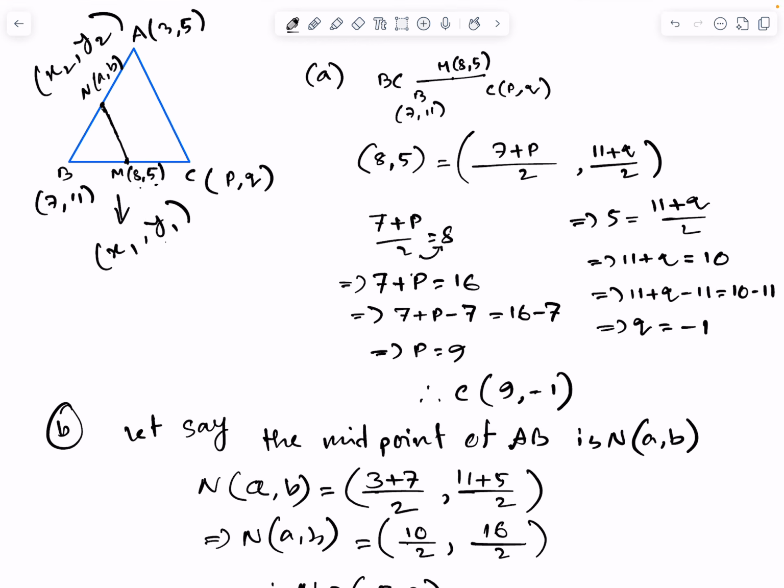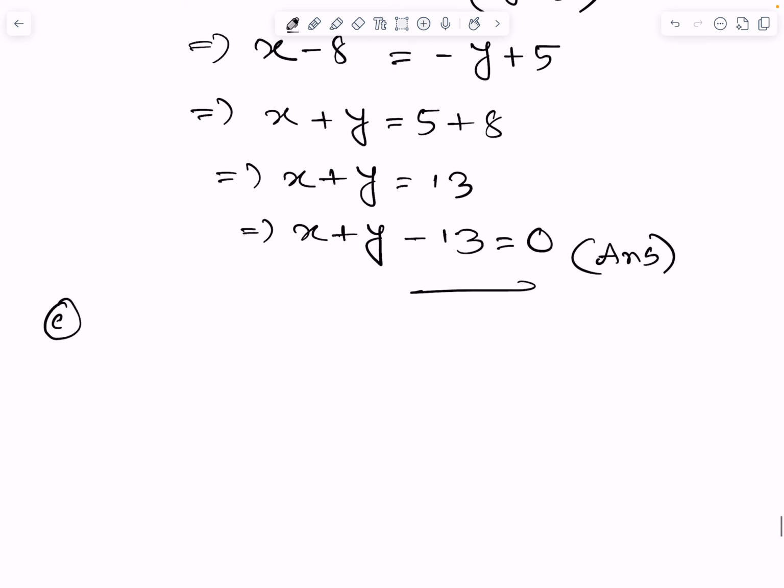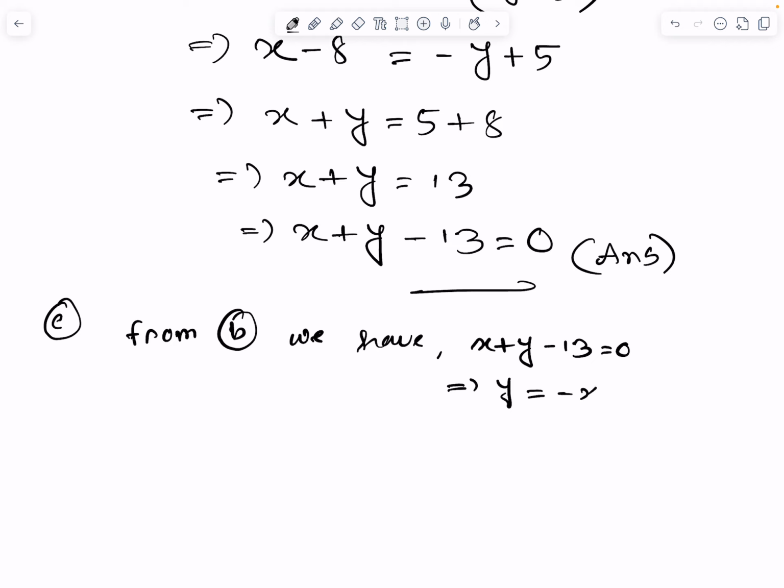Going forward, we already have the equation of MN from B: x plus y minus 13 equal to 0. And we can write this equation like this: y equals minus x plus 13. Comparing the equation with the basic equation of a straight line, y equal to mx plus c, we get m equal to minus 1.